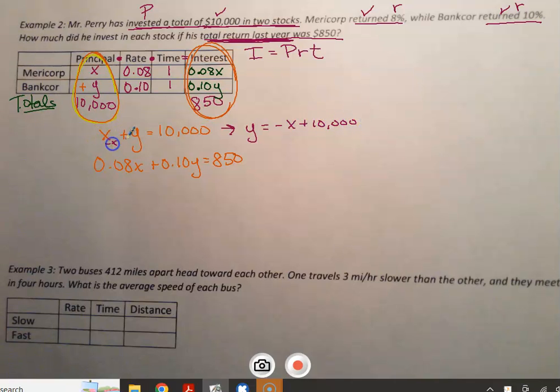Because we subtracted x from both sides. That would be fine. And then we could sub it into this equation. So then we'd have 0.08x plus 0.10 times y, so times negative x plus 10,000, equals 850.